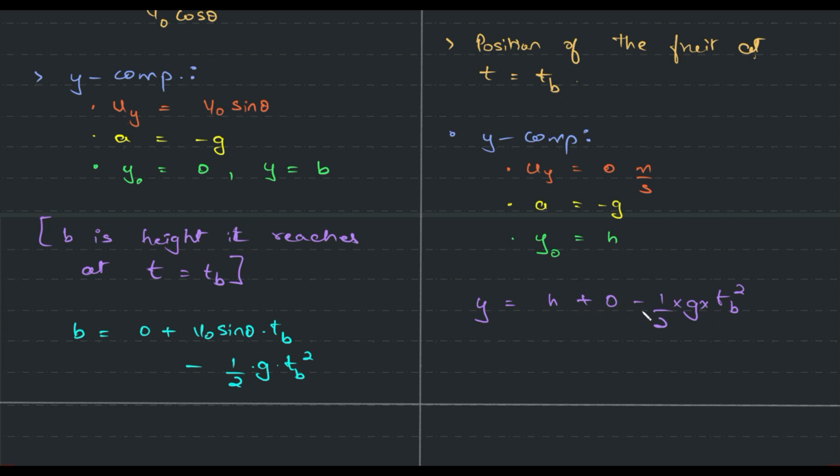So if I ignore the zeros, what do I end up with? I have h minus half g tb square. I have v naught sine theta tb minus half g tb square. So this expression and this expression are the same. Good, I didn't solve anything. That's the point. You can't just solve for the sake of it. So these two are equal. So all I have to prove is v naught sine theta into tb is equal to h.